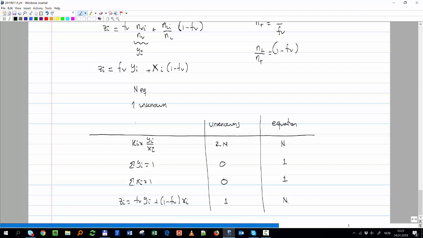Okay, I have more equations than I need. Something happened. Do we have 2 more equations? Here we have 2n.